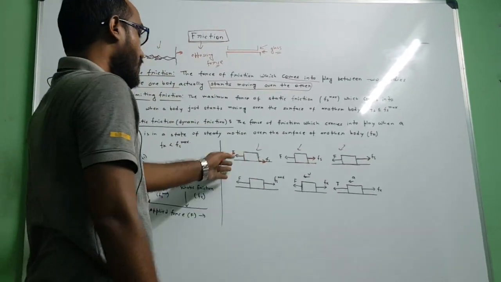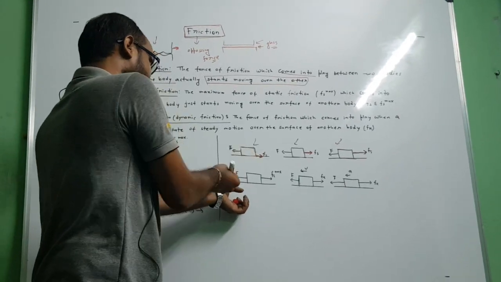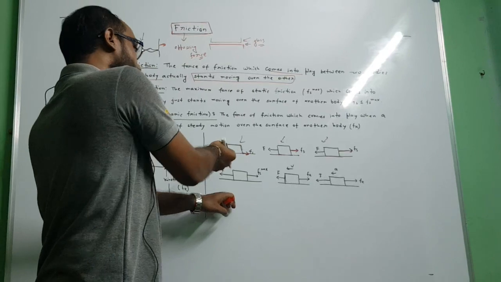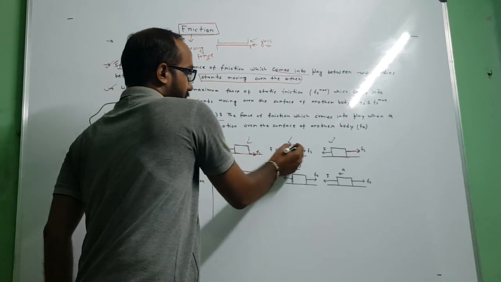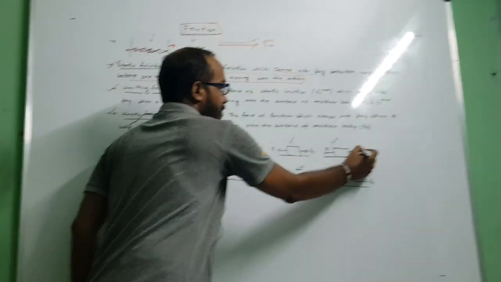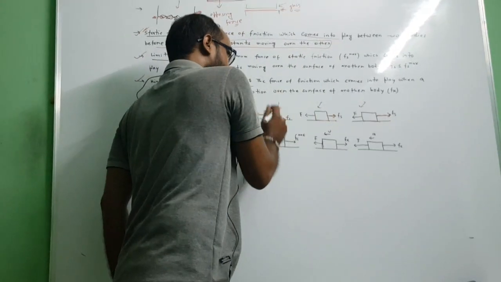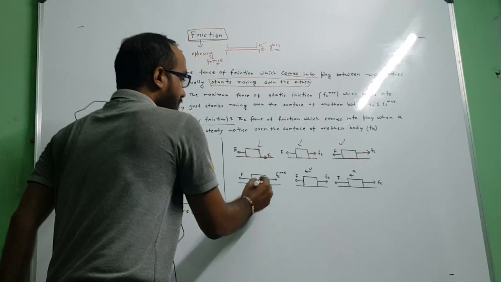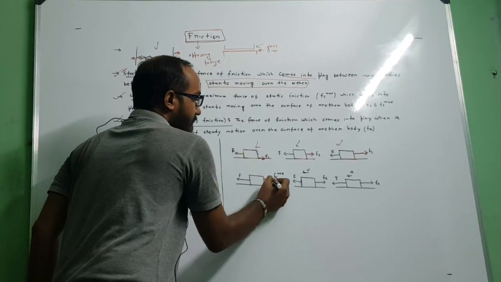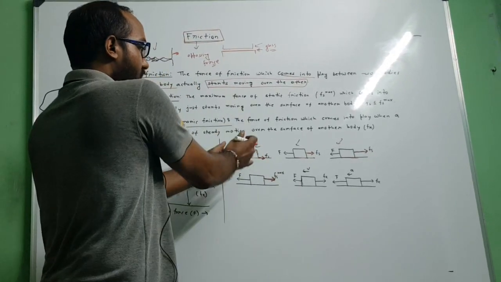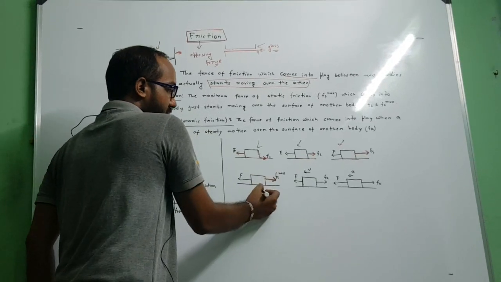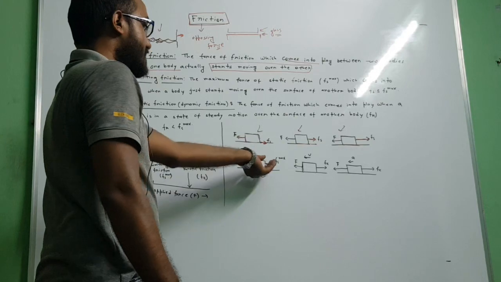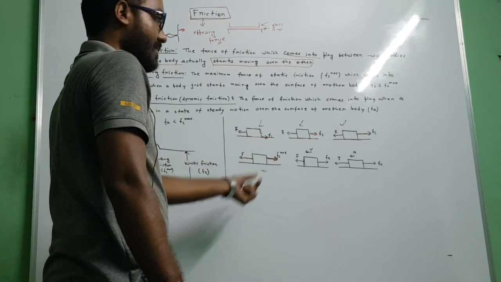That means we are applying the force F and continually pulling the object, but the opposing force keeps increasing, up to a maximum opposing force Fs. In this scenario our F and this Fs are actually equal.